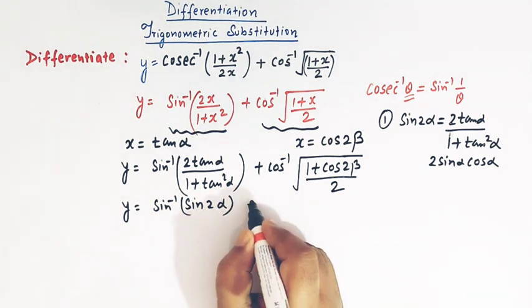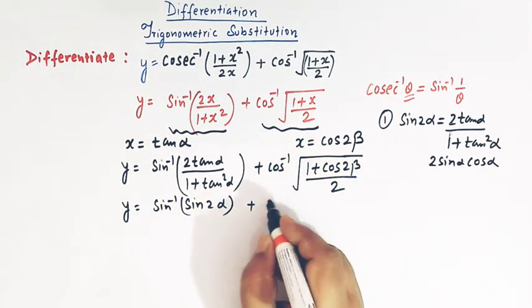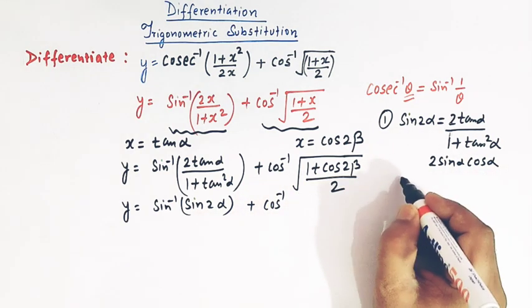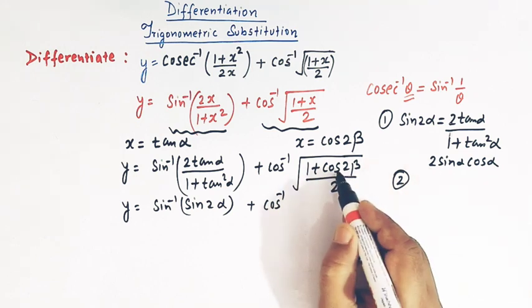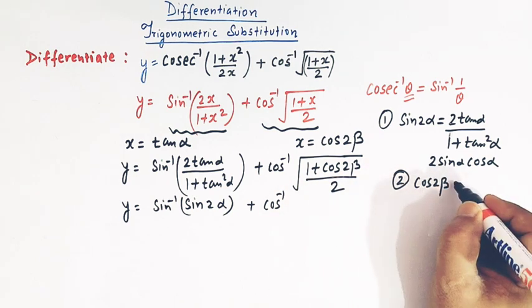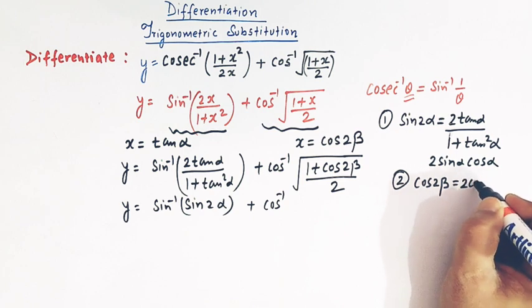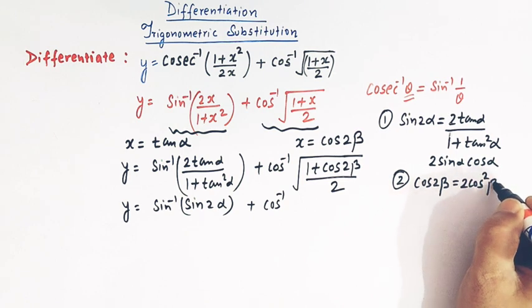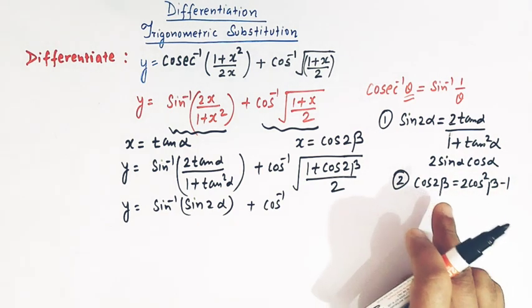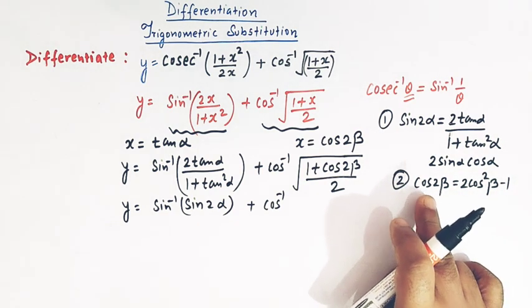Okay, now let us take this term. Here we have cos inverse, and again from trigonometry we know that cos of 2 beta is given by 2 cos square beta minus 1, right? So this is the double angle formula for the cosine function.